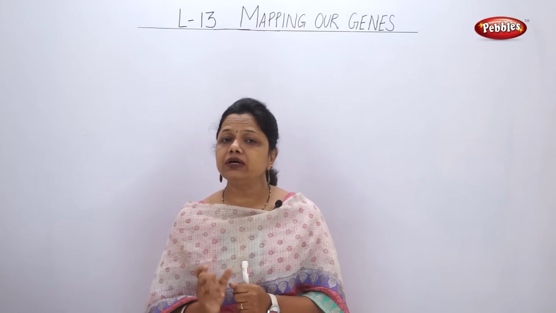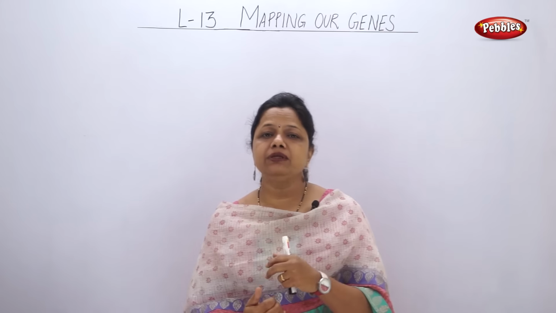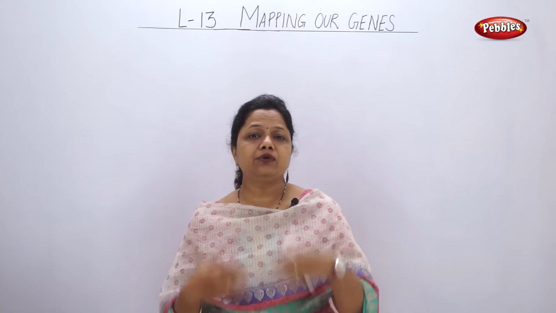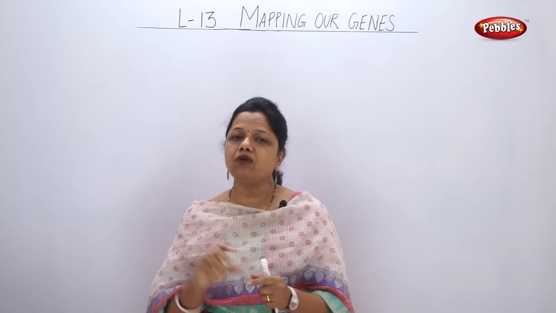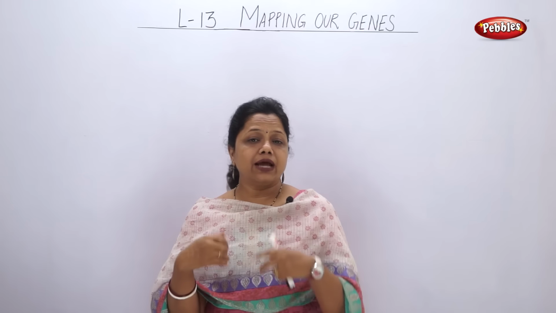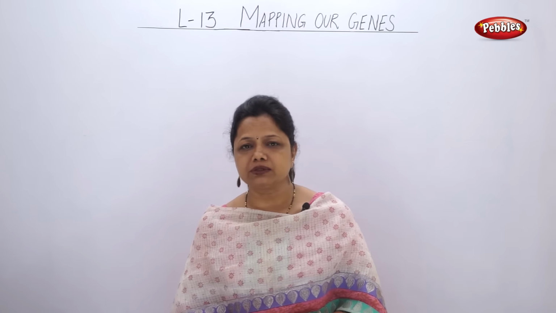When I talk of the word inheritance, what does it mean? Inherited means I have got something from my parent. If I say I am tall like my father, that means I have got the character of tallness from the parent. When I say from my father, that means my father must be a very tall person.